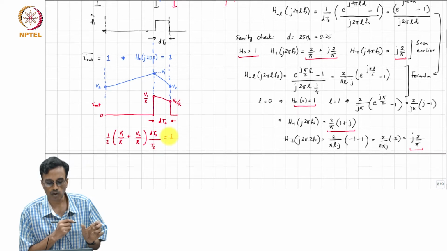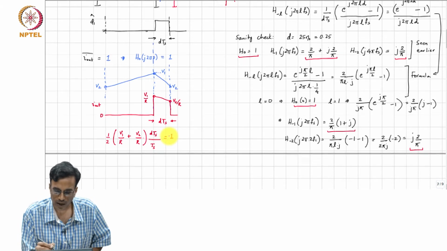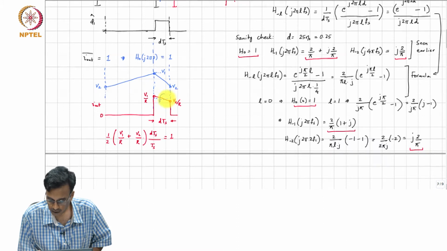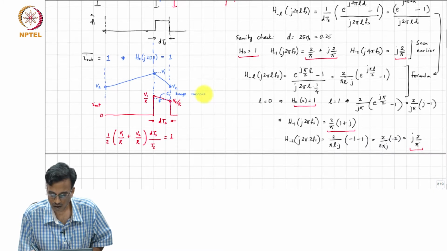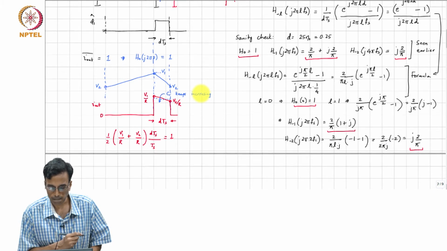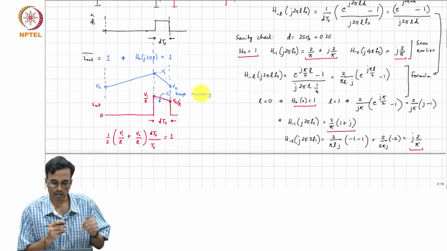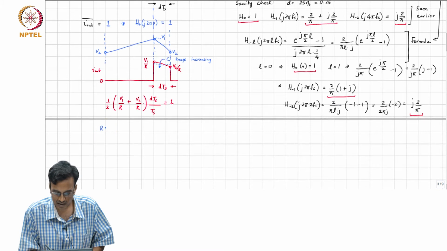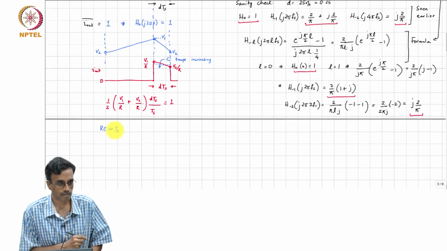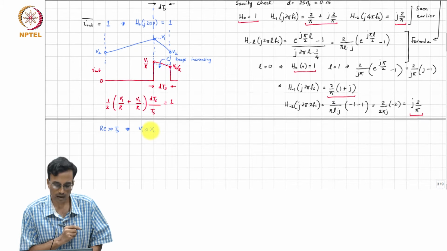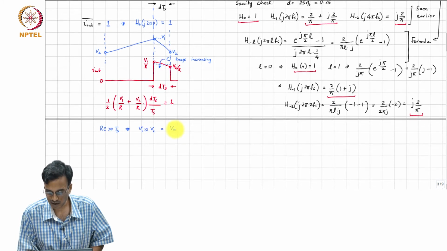And as the RC time constant becomes larger and larger, what happens is that, as the capacitance keeps increasing, V1 and V2 become closer and closer to each other, and therefore, in the limit that RC is much larger than Ts, V1 is approximately equal to V2, in which case this will be the V average.